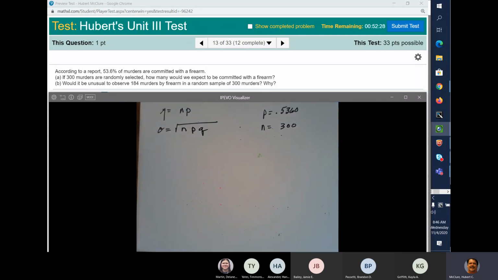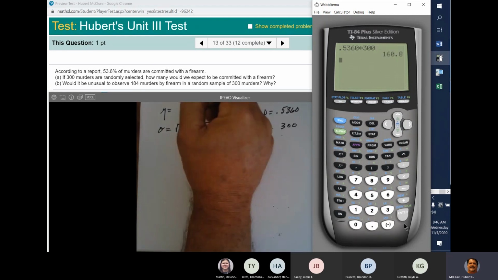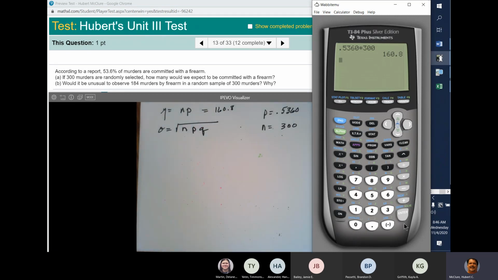Now, just to save time, I'm going to use the handy dandy calculator. 0.5360 times 300, and that's equal to 160.8. So the mean is equal to 160.8.